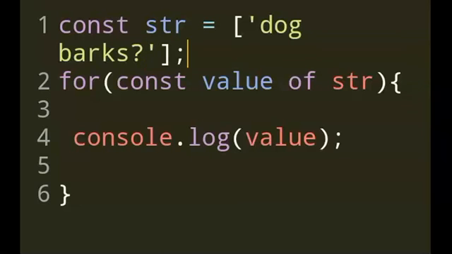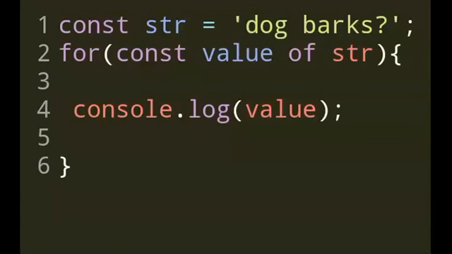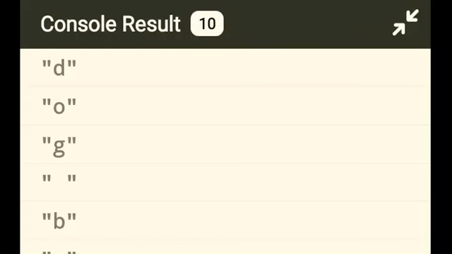Oh yeah, sorry, this is not an array. I made a mistake. I forgot to remove the array. Mistakes always happen. Const string dog barks question mark. For const value of string console log value. This is a string, not an array. Please remember that. Sorry for my mistake. So you get all the characters here: DOG space BARKS, even the question mark.